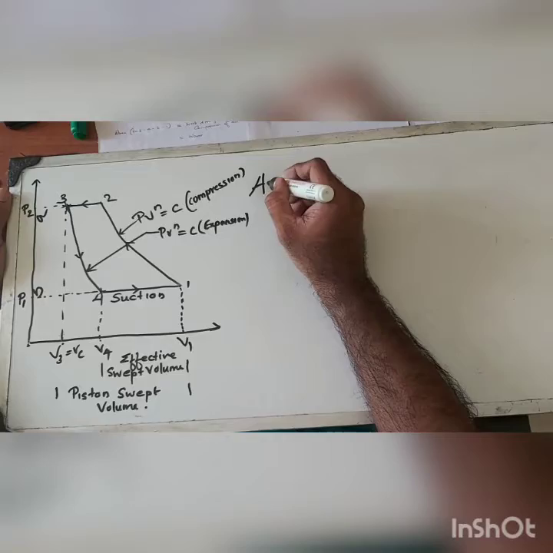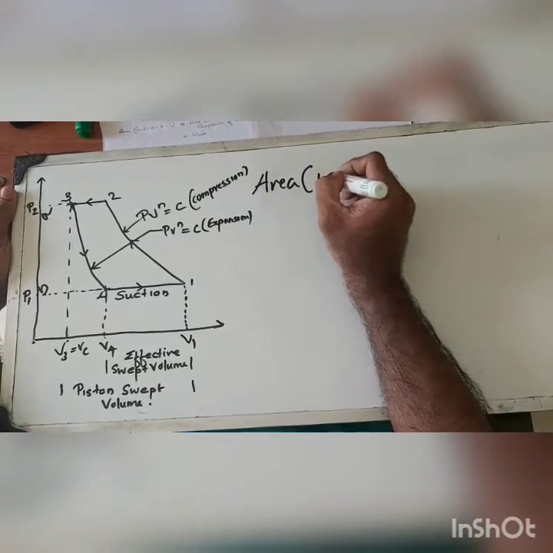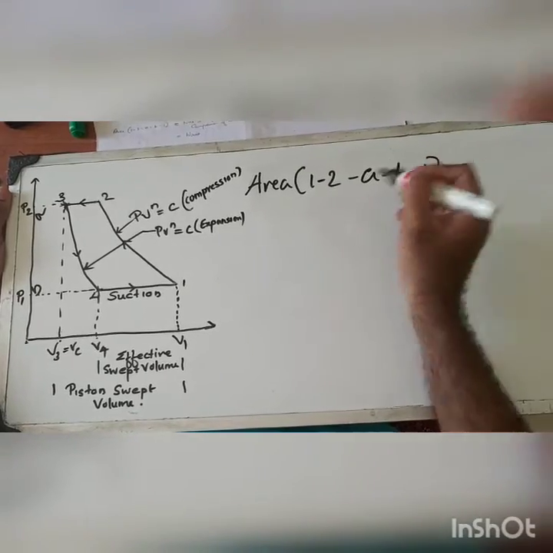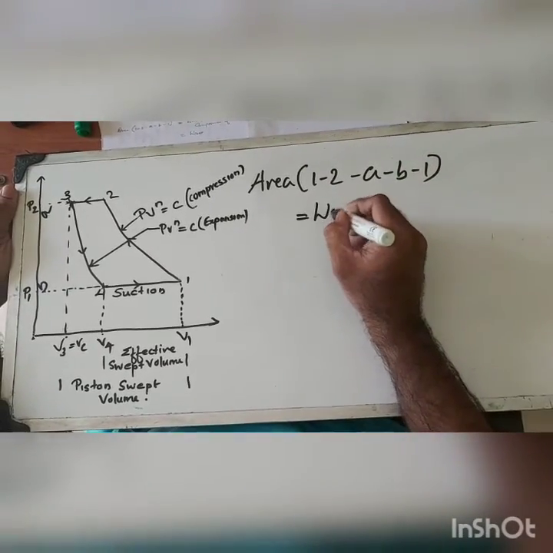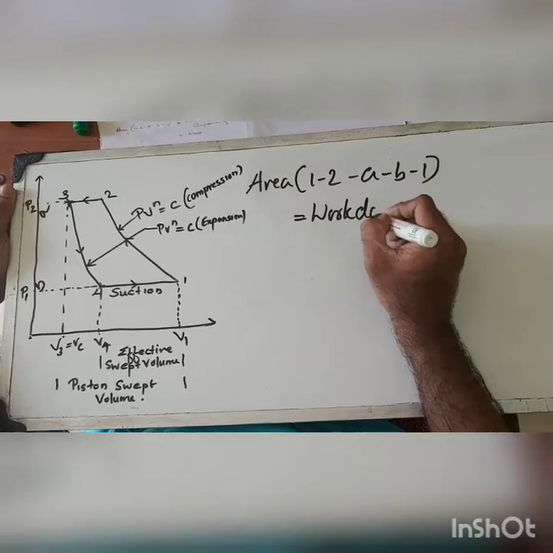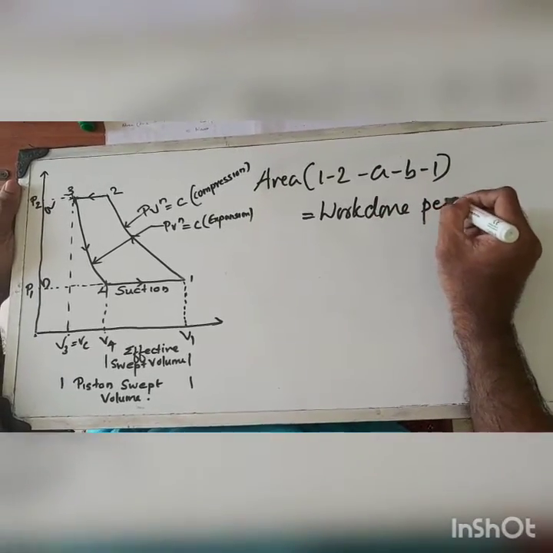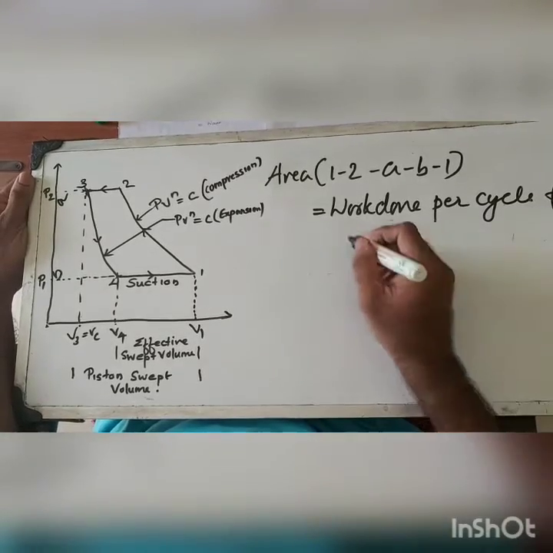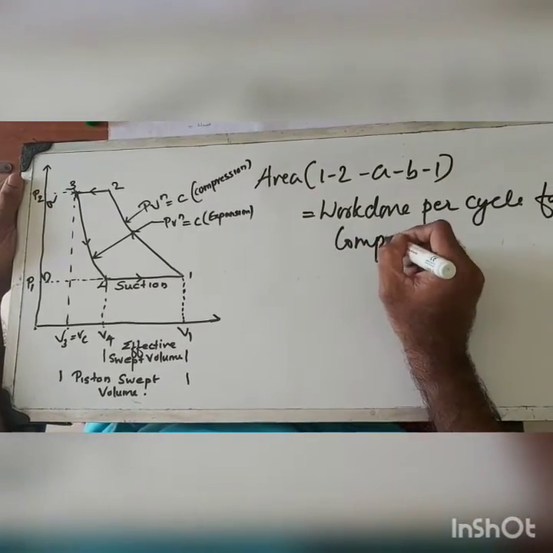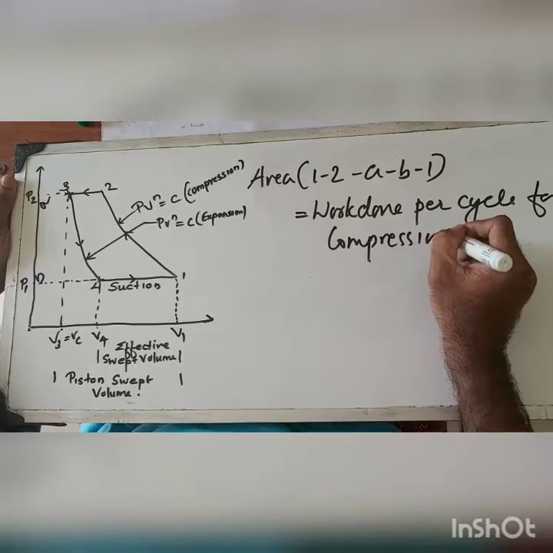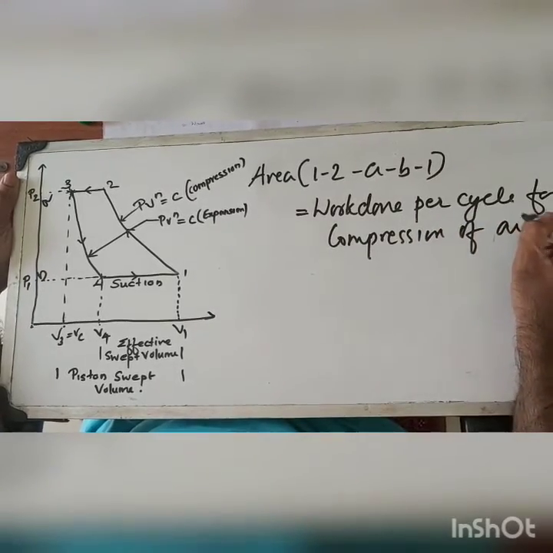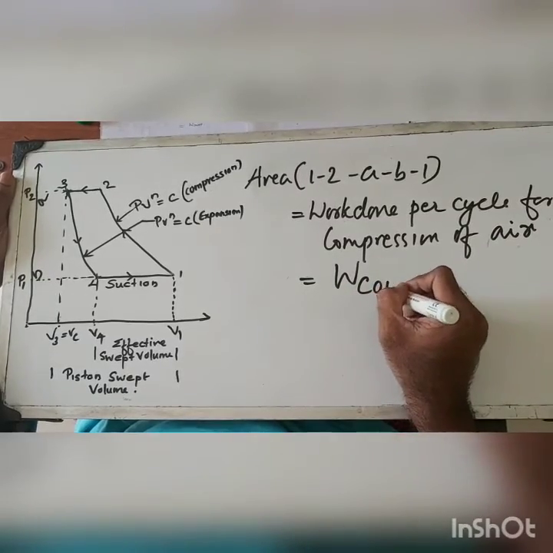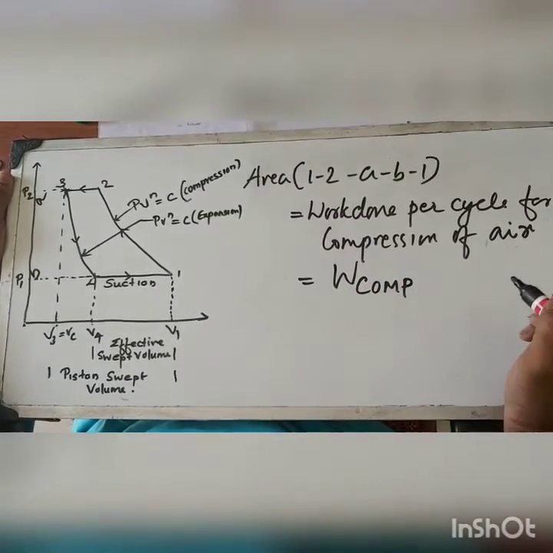So area 1, 2, A, B, 1 equals work done per cycle for compression of air, which is the work of compression.